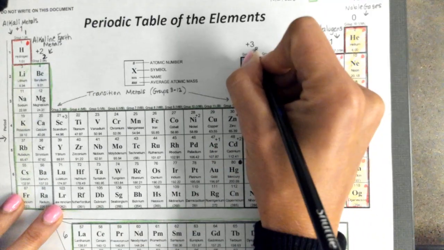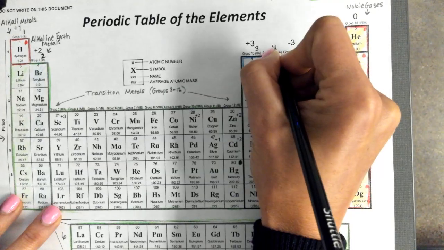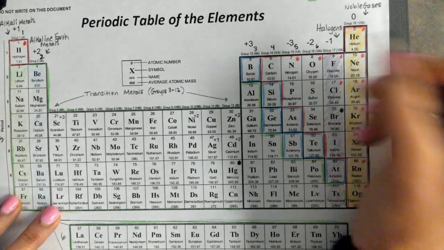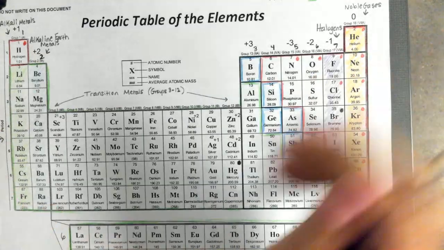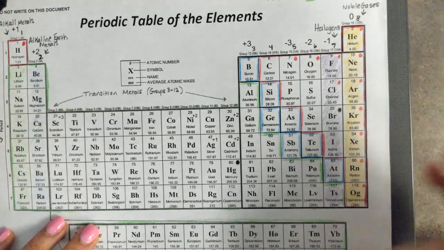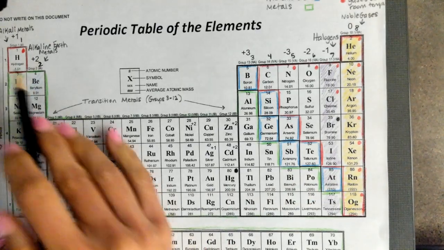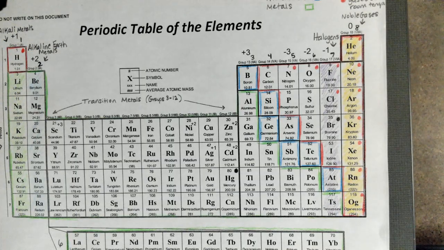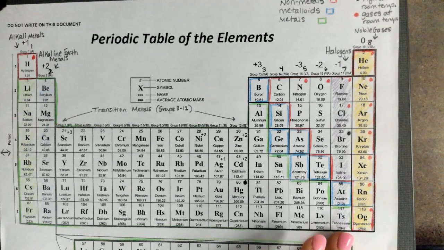I'm going to write group 3, 4, 5, 6, 7, and 8. Okay, so I have 1 through 8 labeled above each of those columns, and that will tell me the number of valence electrons I have. Okay, that's all you got to do.